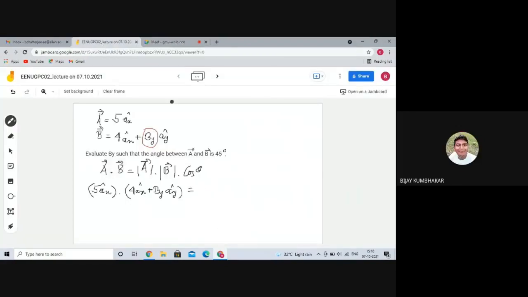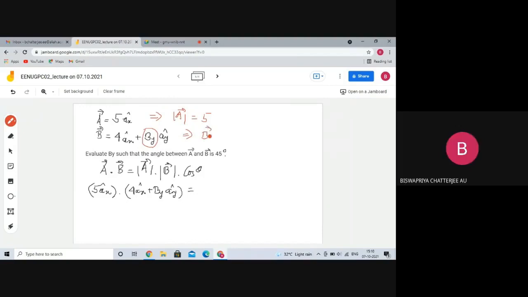Yes, the magnitude of A is 5, and the magnitude of B is root over 17.